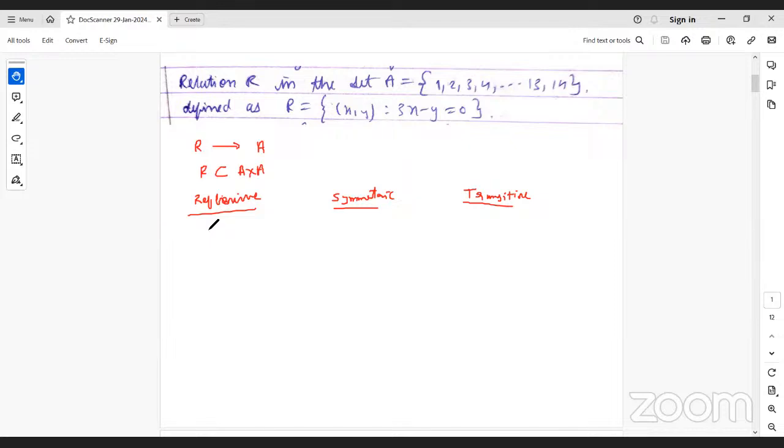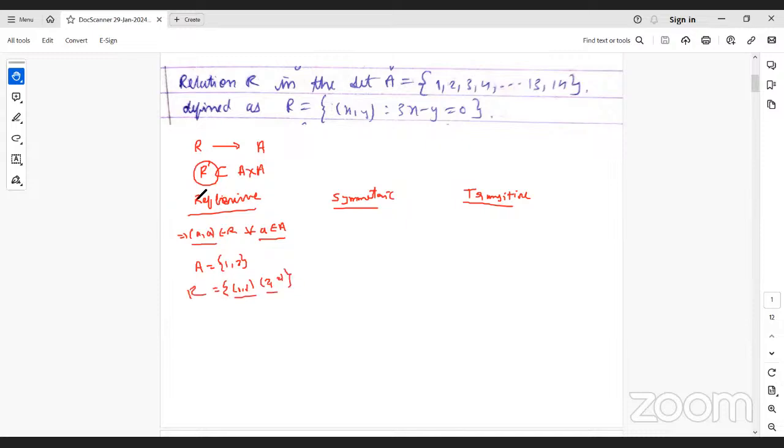A relation is said to be reflexive if the ordered pair (a, a) belongs to R for all a belonging to A. The ordered pairs (a, a) must be present in the relation for every element of A. If the set A has two elements, 1 and 2, then the ordered pairs (1, 1) as well as (2, 2) must both be present in the relation.